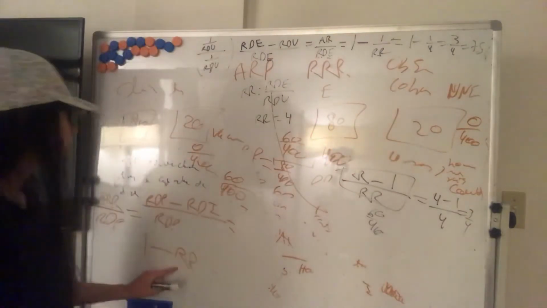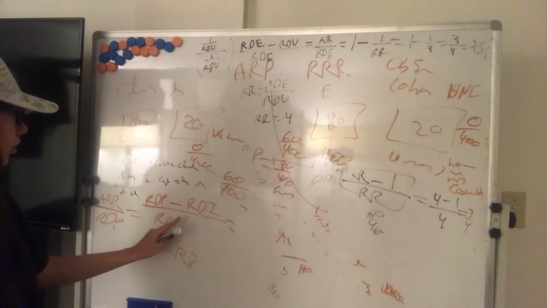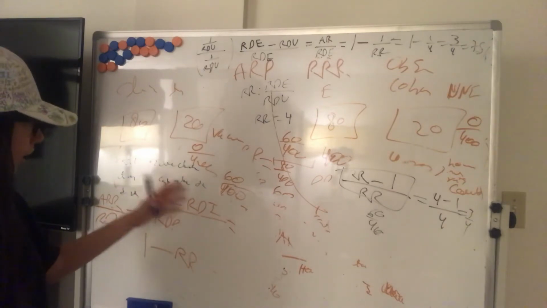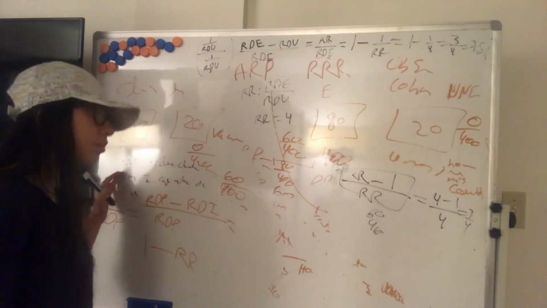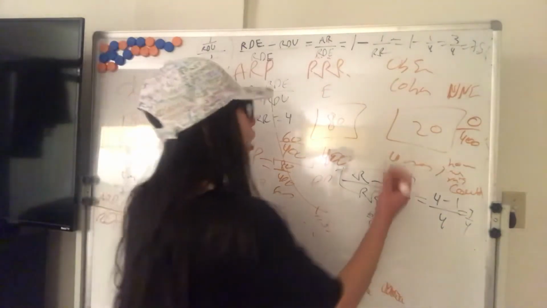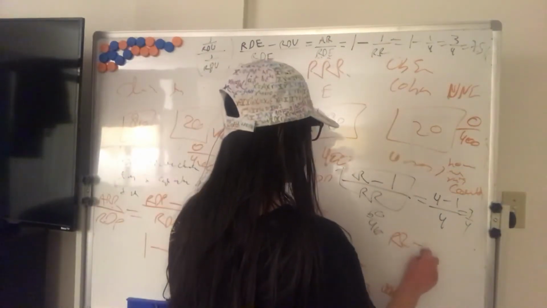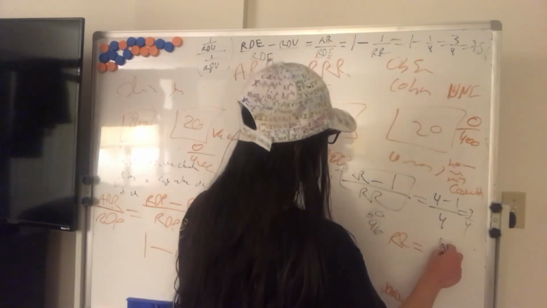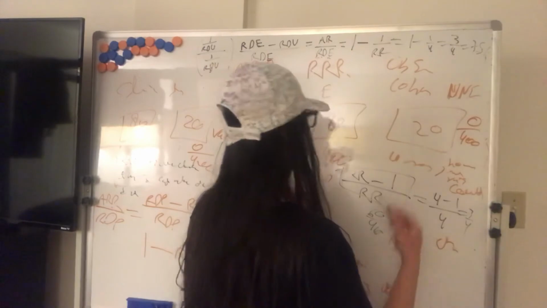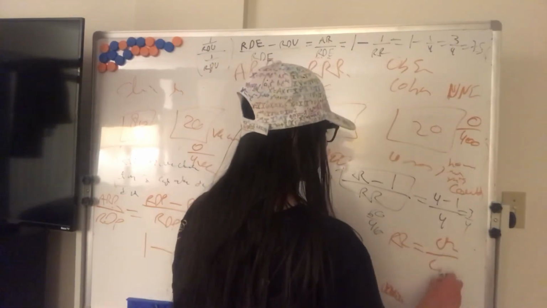And here, relative risk means the rate of disease of the intervened group divided by the rate of disease of the placebo group. Remember that.